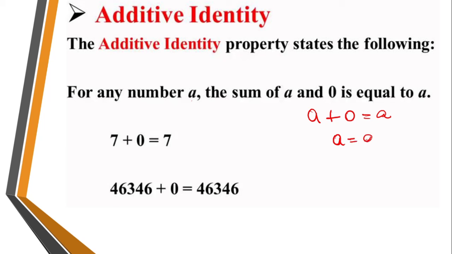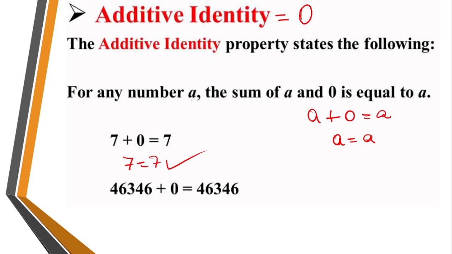A will be equal to A only, right? Now if we take A as 7, so 7 plus 0 is 7 only. Means it's not changing the value. Like 7 is equal to 7 only, right? Then we can say the additive identity is 0, right?